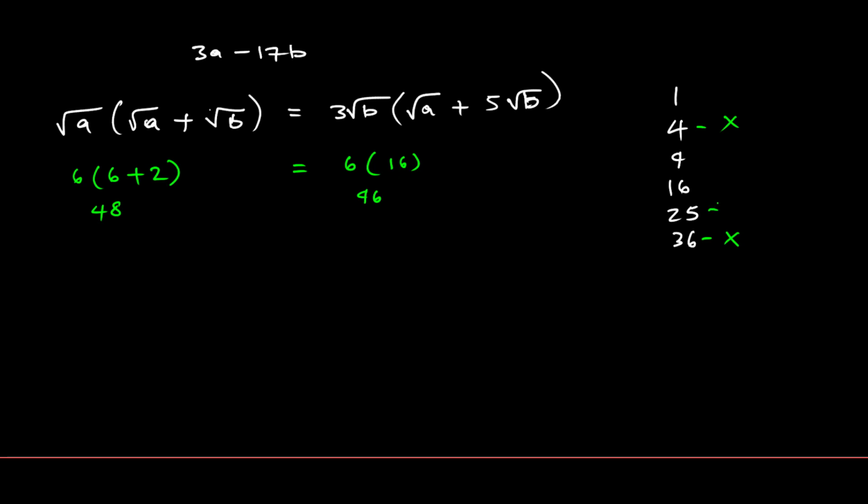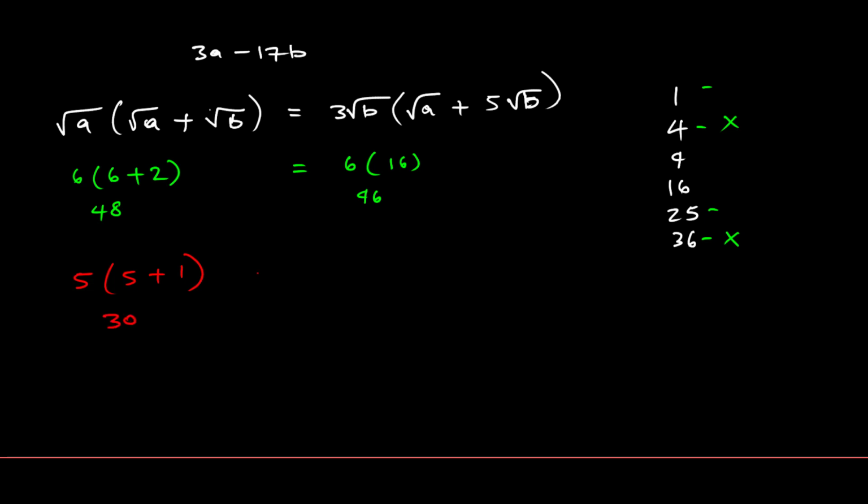So let's try 25 and 1. If a should be 25, that would yield 5, because the square root of 25 is 5, being multiplied by 5 plus 1. The square root of 1 is 1.